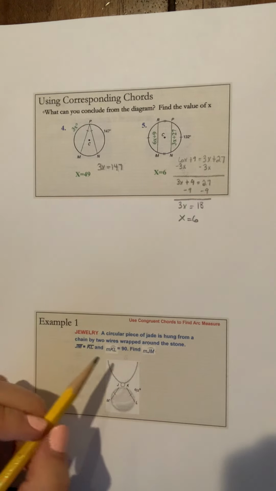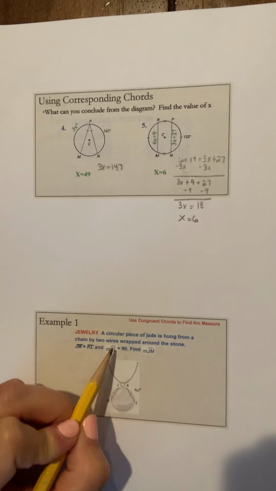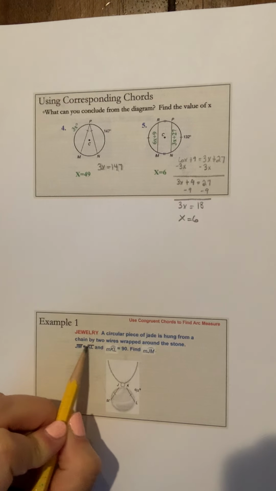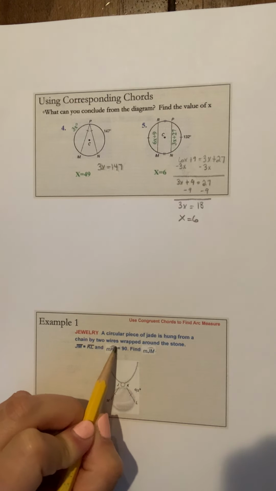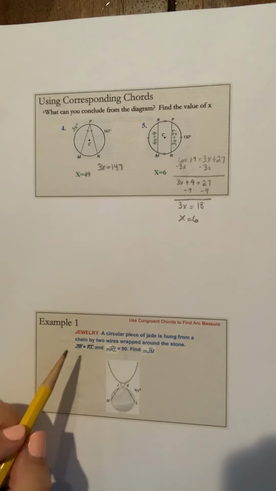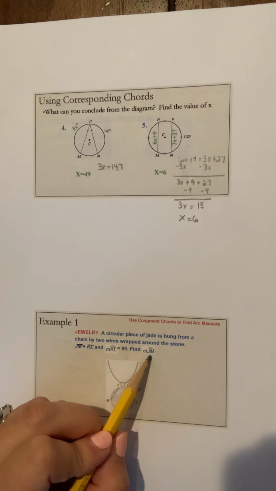Now, just a little quick side note, I guess. This symbol right here means arc. This is chord. You guys should know this. We've worked this all year. But this little symbol right here stands for arc. And you have to know what they're talking about, because you see you have a chord JM, but you also have arc JM.